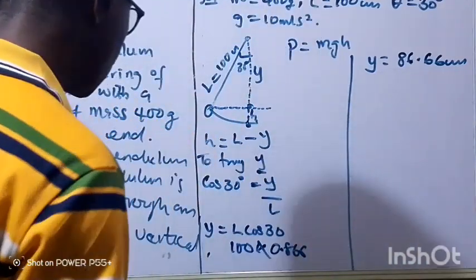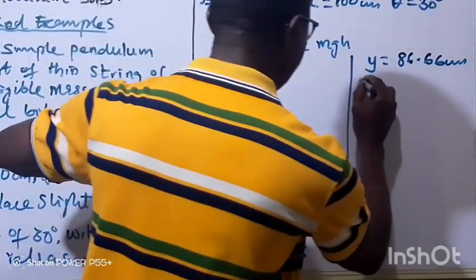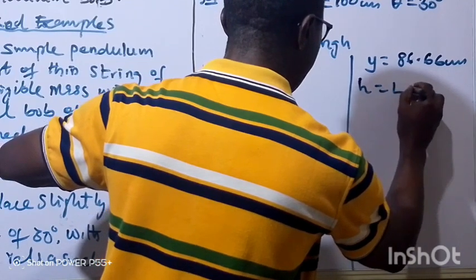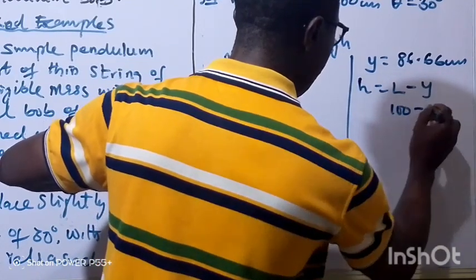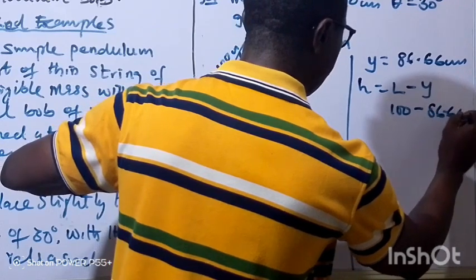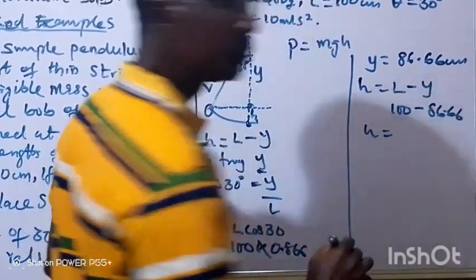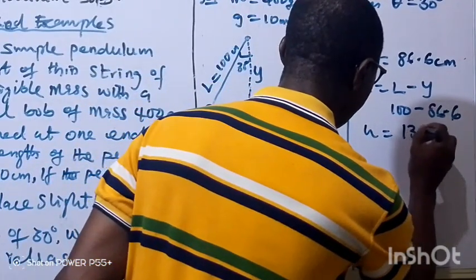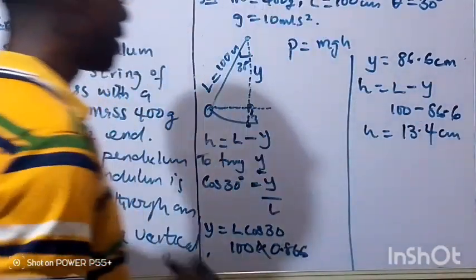Once we know the value of y, we can say our h is equal to L minus y. That is 100 minus 86.6. And the answer for h will be equal to 13.4 centimeters. That's the value of h.